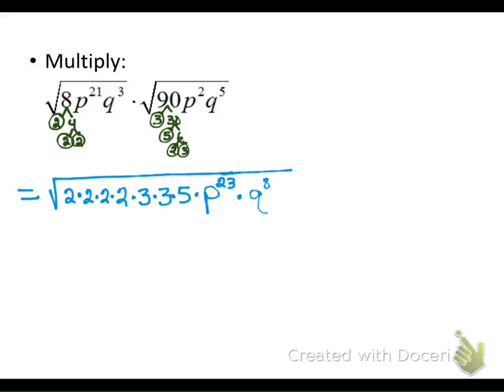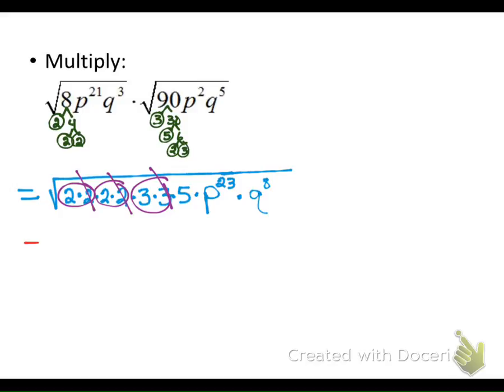All right. So now we go back to simplifying how we know how to. So we circle our pairs. Our pairs cancel with the square root sign, and they move to a single number in the coefficient.